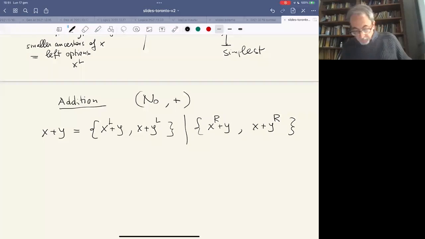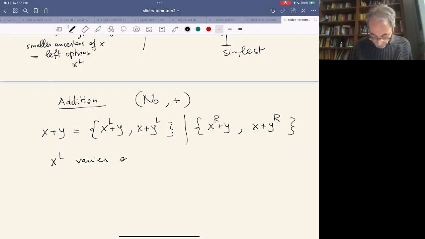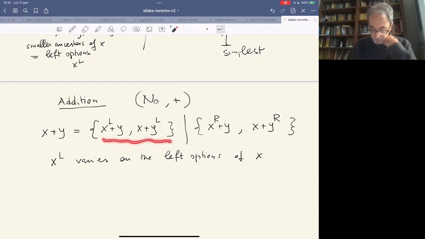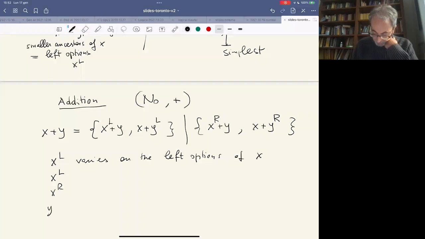Here XL varies on the left options of X. So it's not a single element. There are many elements here, all the elements of this form. And of course XL, XR, YR are defined similarly.